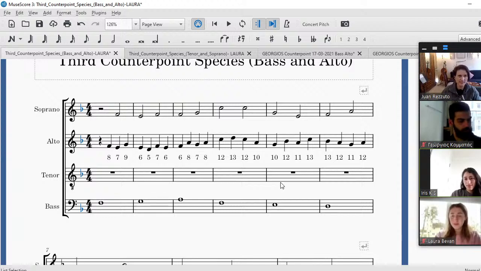Now, in this case, it's happening between the bass and the alto. But I'm talking about the degrees of the scale. When does that diminished fifth happen within a major scale?